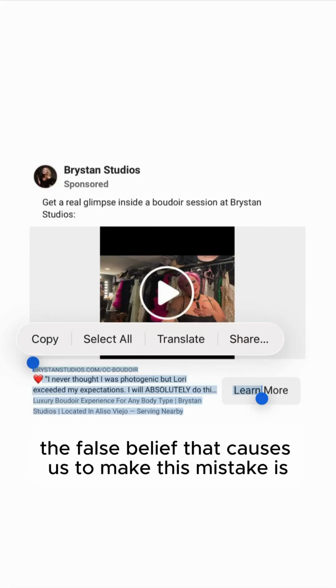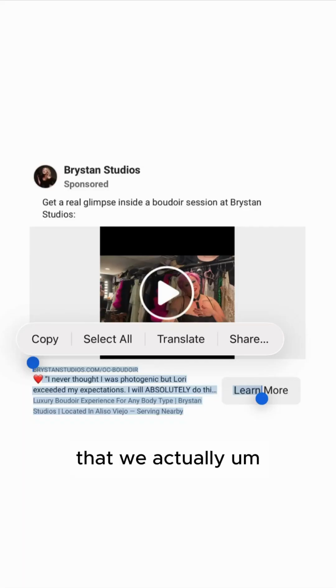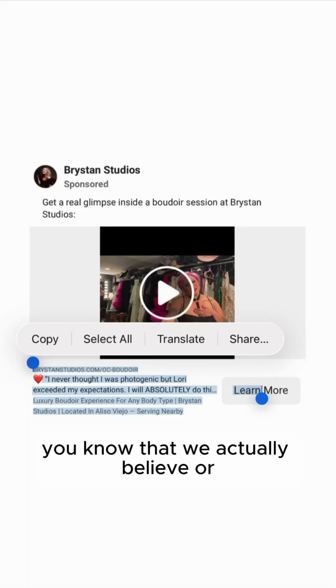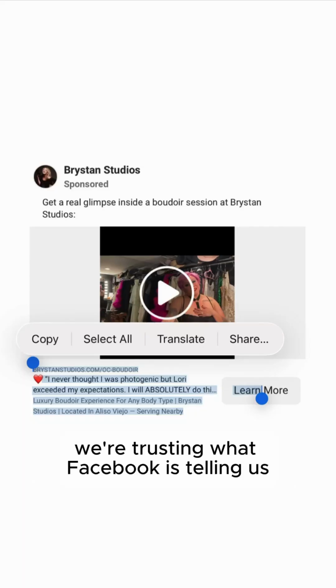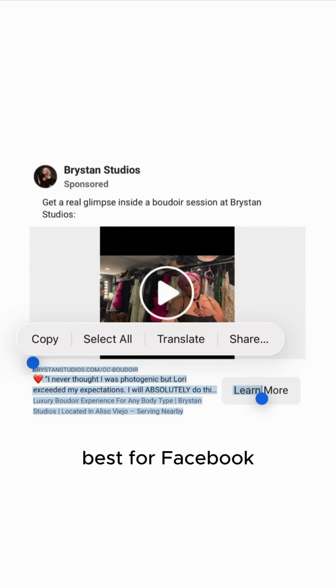The false belief that causes us to make this mistake is that we're trusting that what Facebook is telling us to do is best for us and not best for Facebook.